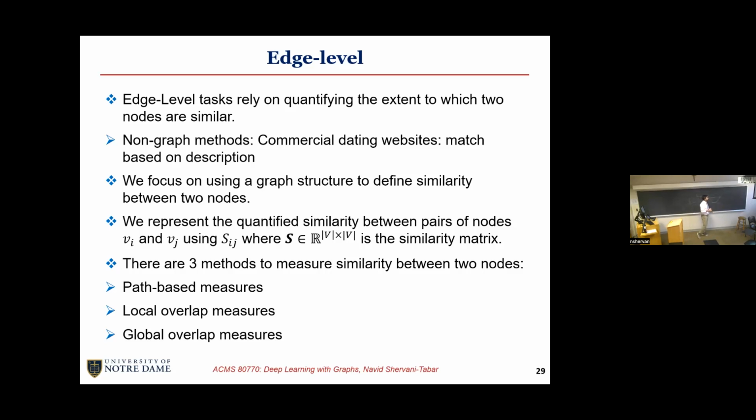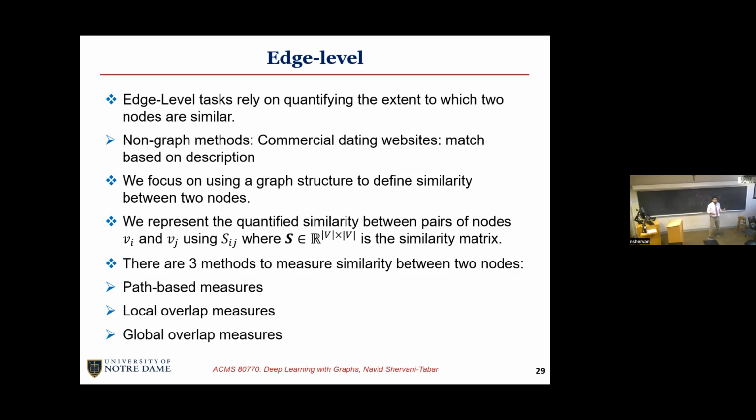But in some problems, we want to study a pair of nodes. So we want to see how two nodes are similar to each other. For example, when you surf the web, there's an option to find similar pages. That will give you nodes that are similar to this node on the web graph.